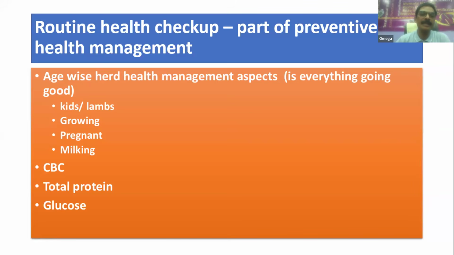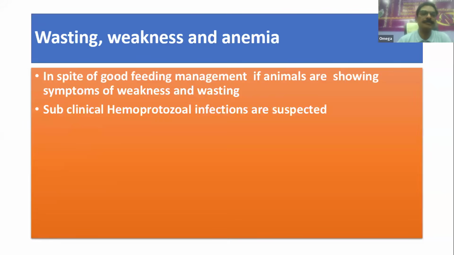Likewise, they can collect the samples and find out different profiles like glucose, hemoglobin, total proteins, calcium, phosphorus, and so on. That is a part of the routine health checkup of that particular farm. Then CBC, complete blood count, is also one of the tools for routine health checkup. Then total protein and glucose. These are the things which can be done for routine health checkup in big farms.